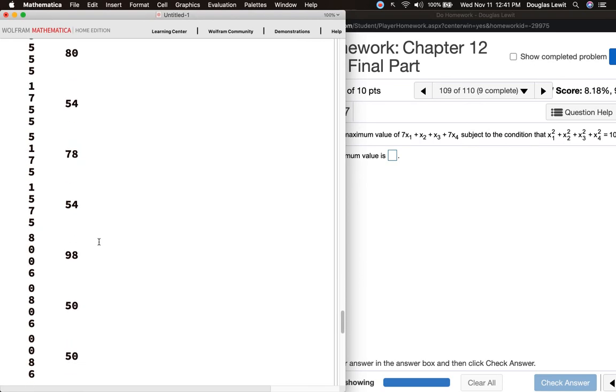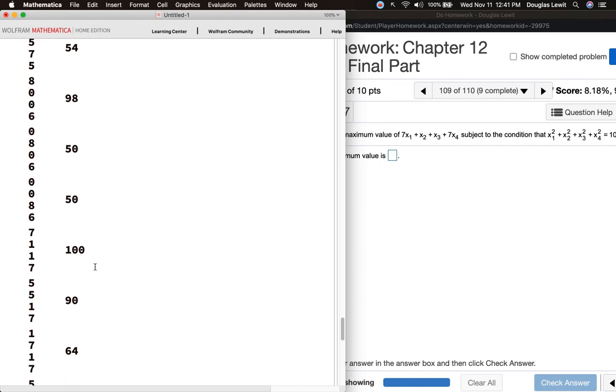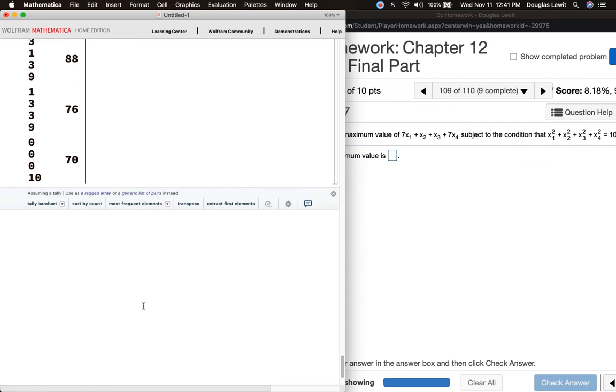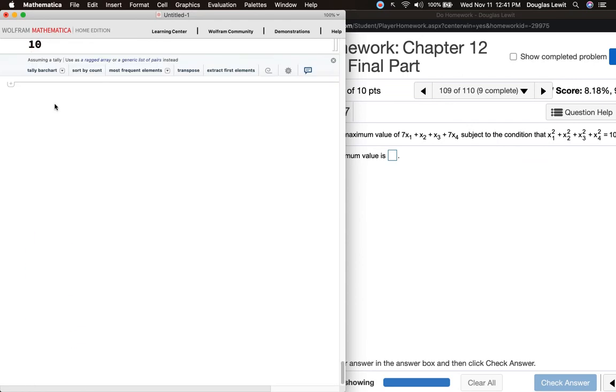I'm looking in the right column, guys. So it looks like the maximum is actually going to be this number here. It's going to be 100. We could actually find out.